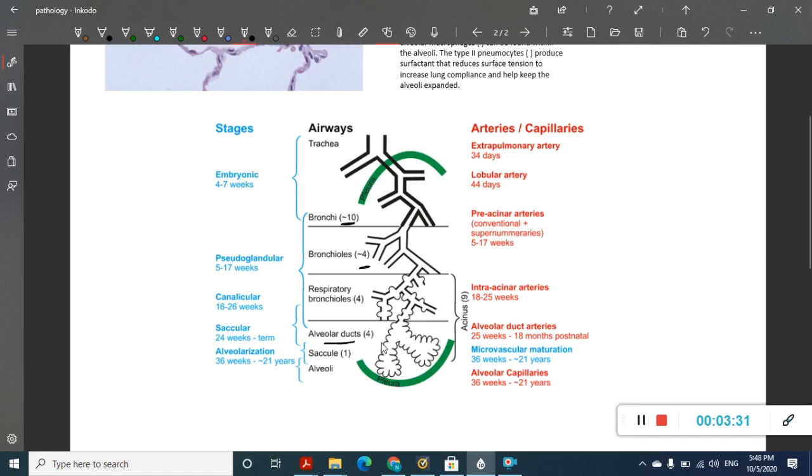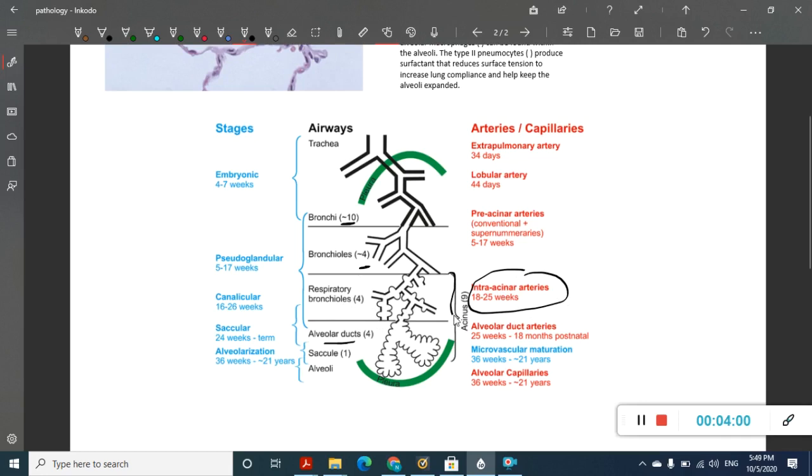What is called the acinus? There is a term called acinus. See, this is the acinus. Intraacinar arteries are present, but anyway, the acinus includes the respiratory bronchiole, alveolar duct, and alveolar sac.